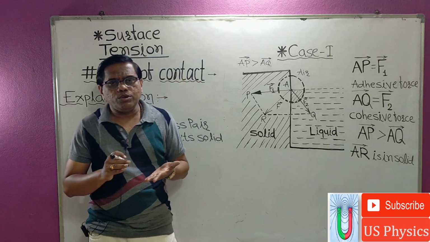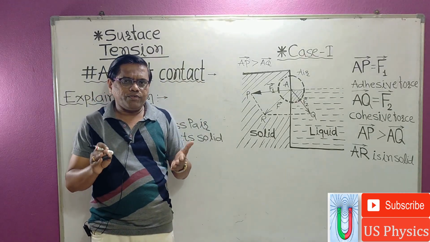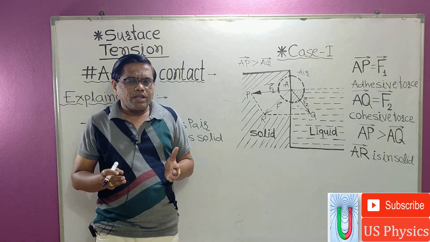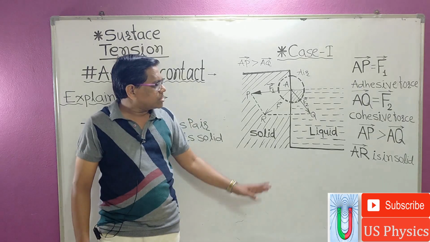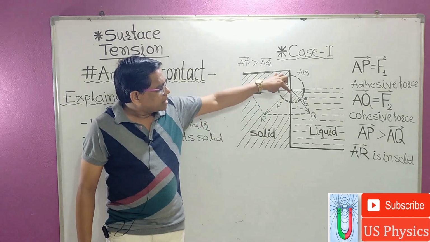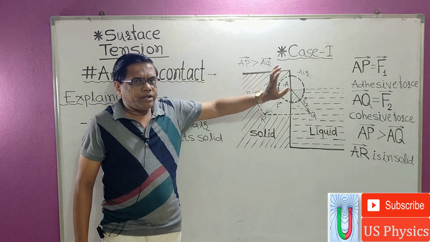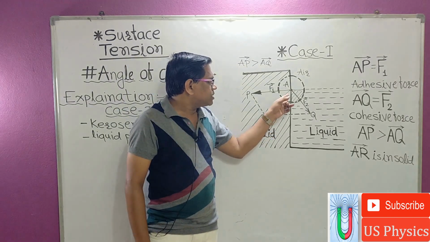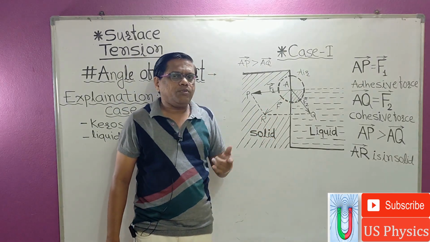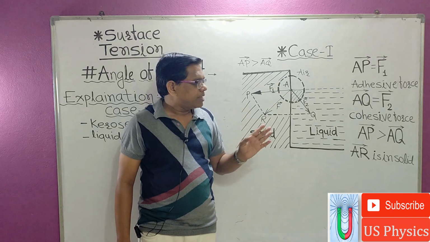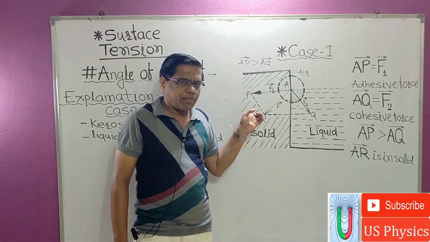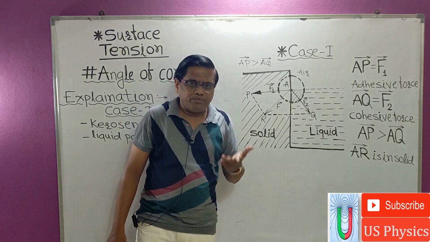Now as molecule A is a molecule of liquid, we all know that liquids cannot resist or withstand the resultant force permanently. That's why this molecule A will adjust itself in such a way that this resultant force has no effect on it. This resultant force acts in the direction of AR bar and is unbalanced.